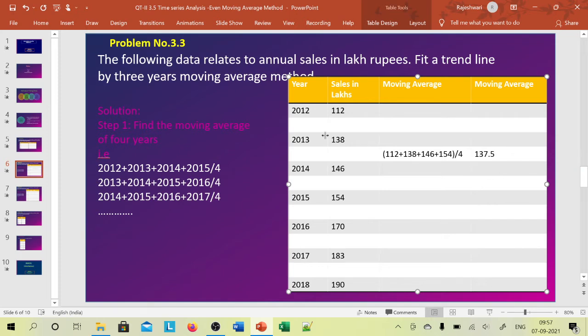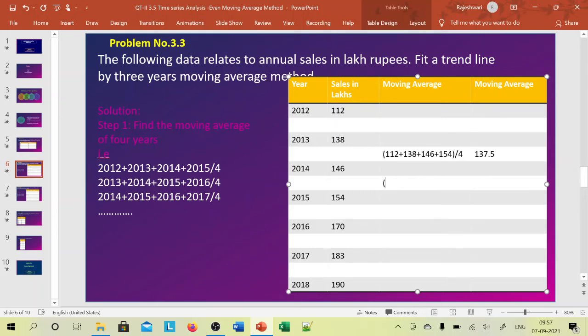And the next group. For the next group, we should leave 2012 and we should start from 2013. So 2013, 14, 15 and 16. So we should consider these 4 years. And the middle years are 2014 and 15. So I should write in between these 2 years.